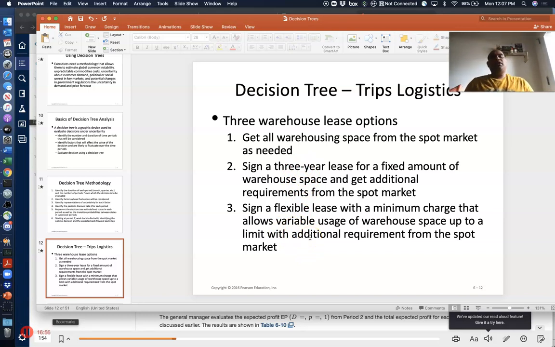Now, the third option is we'll do something similar to option 2, where instead of signing a fixed lease, we will sign something called a variable lease with a minimum charge, and we'll have some additional requirements. So these are the three options that we will evaluate. In the third option, you will pay, say, $10,000 upfront, and say that I want warehouse space that is not exactly 100,000 units. In the fixed lease case, we will always rent 100,000 units for all 3 years.